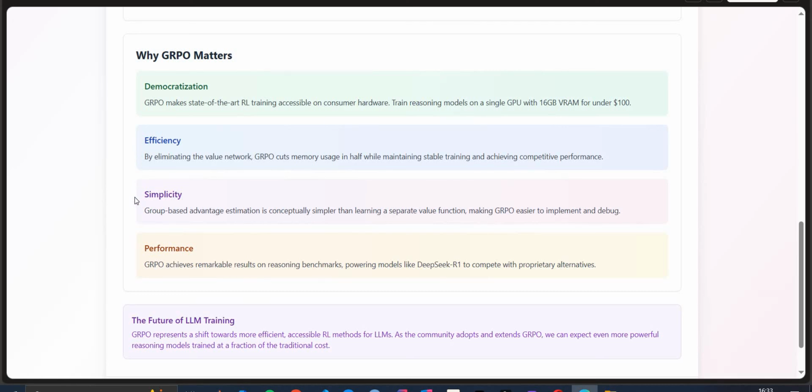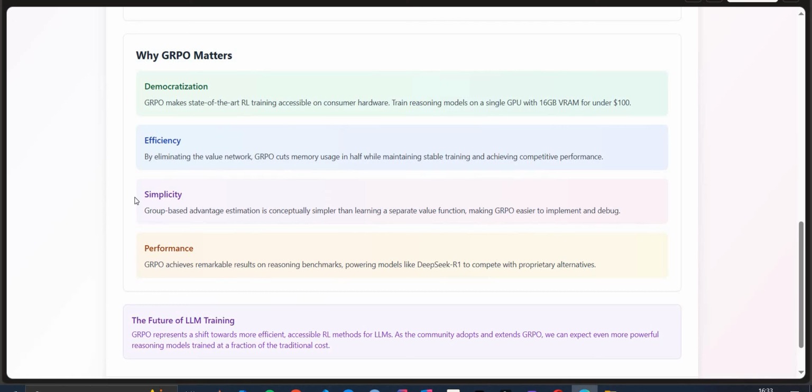And simplicity is here. The algorithm is straightforward to implement, and instead of maintaining a separate critic model, we just calculate group-based advantages. That means fewer moving parts and fewer chances for implementation errors. And finally, performance.